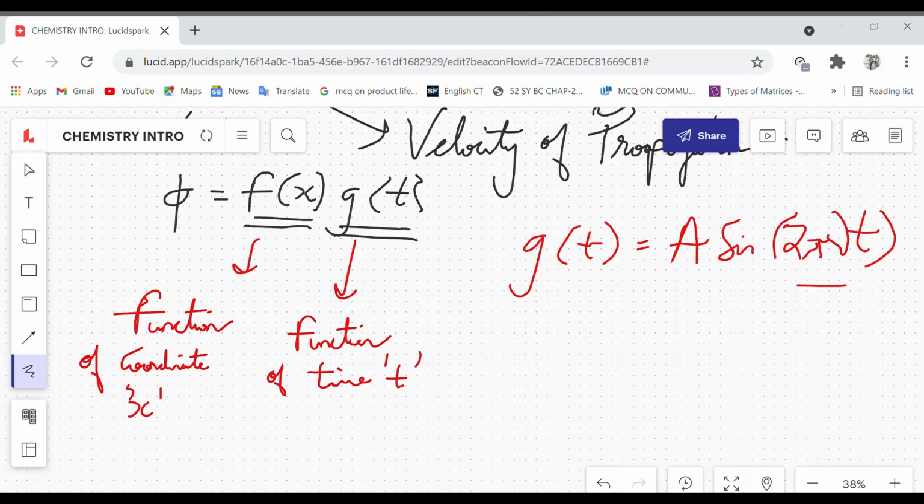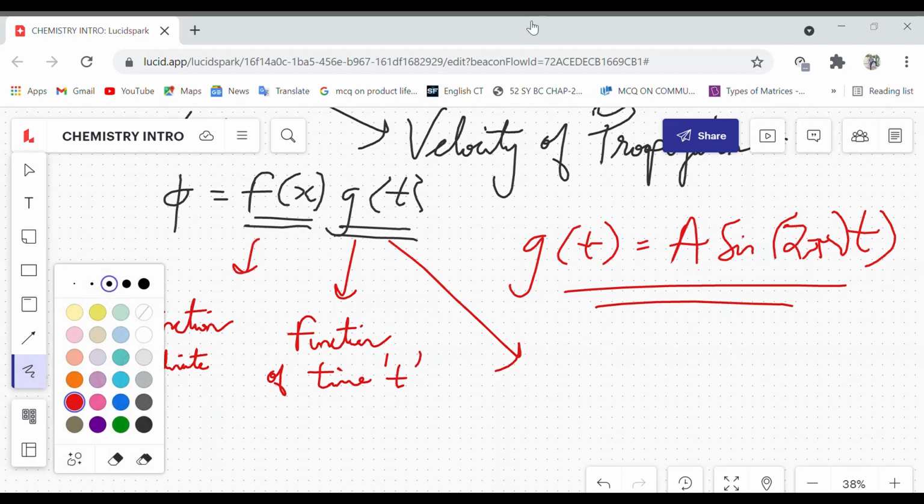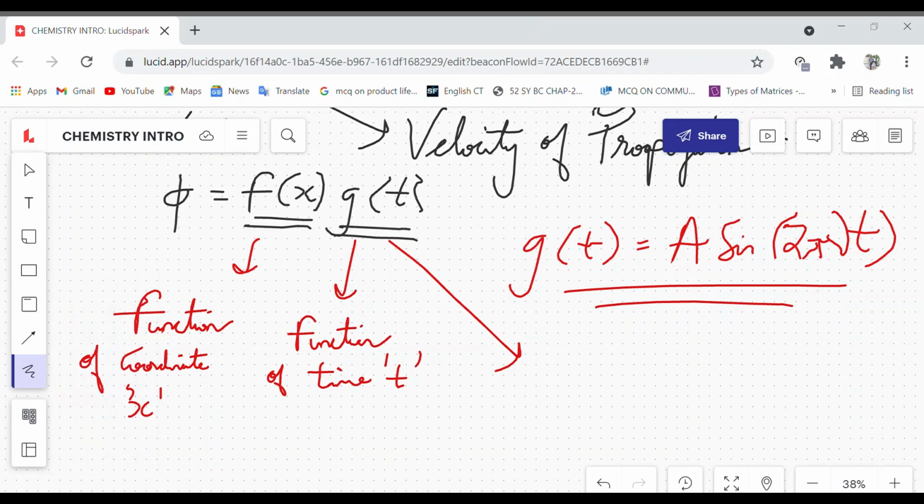So this is g of t, and this can be replaced by phi is equal to f of x. Sorry.